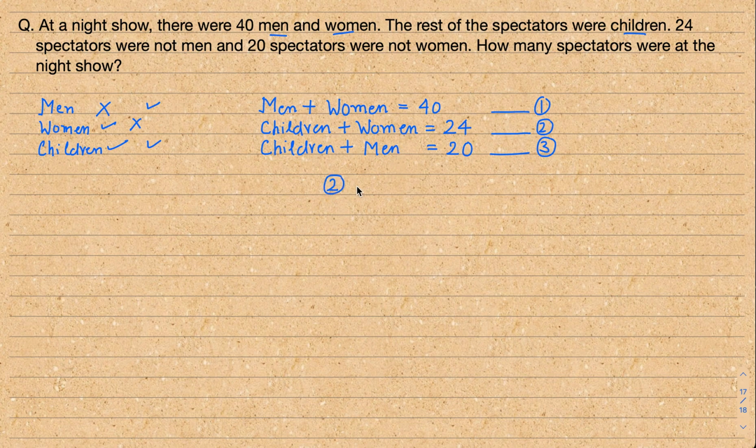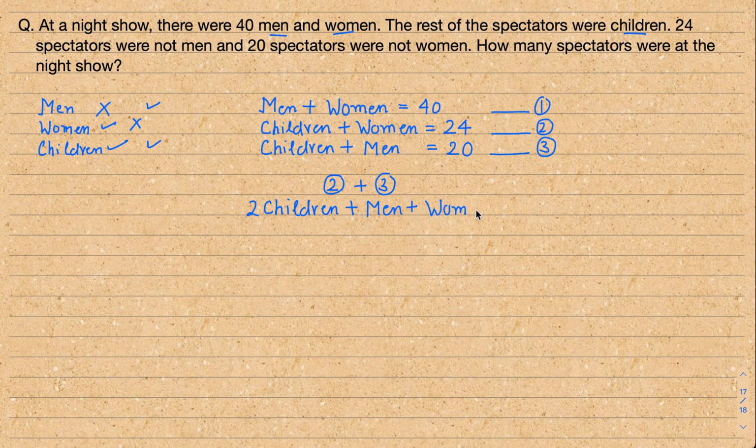If I add these two equations, we will have 2 times children, because children is in equation 2 and also in equation 3. So whatever is the number of children, it's twice of it, plus men and plus women.